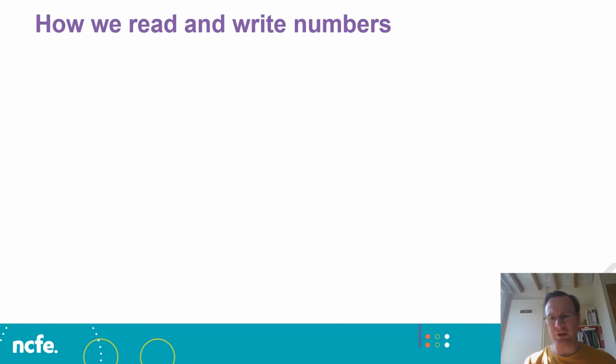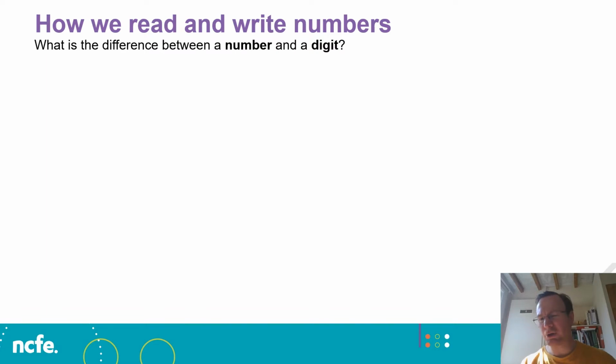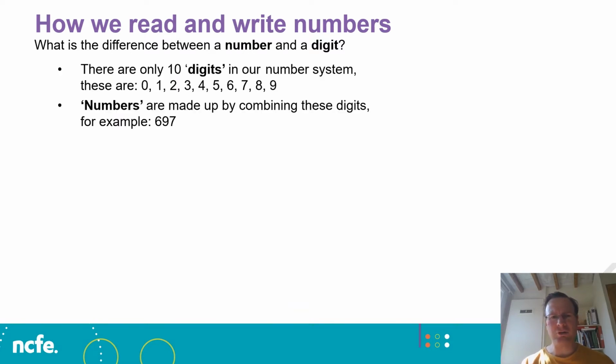First of all, we're going to start with this concept of how we read and write numbers, and some of this is probably something you haven't thought about. I know I haven't given it a great deal of thought, but one thing to consider is the difference between a number and a digit. That's a strange question.